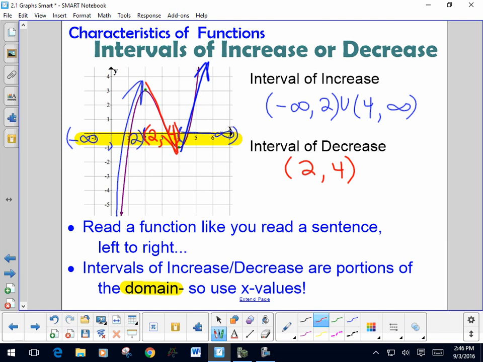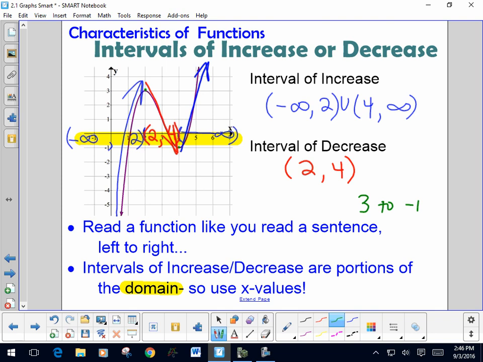Again, really focus on using x values or the domain of the function as you're reporting intervals of increase or decrease. On this particular function, it would be really common for me to see somebody make the error, well, it decreases from 3 to negative 1. Well, that's true.